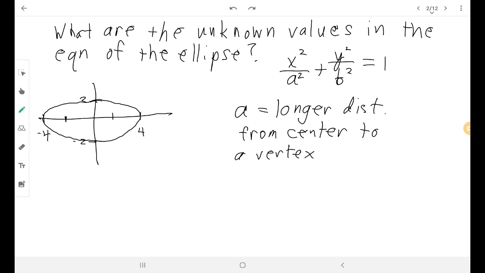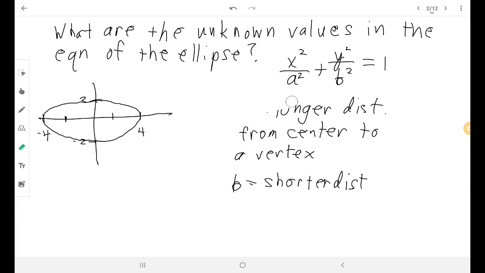Okay? b is the shorter distance, of the same idea, from the center to what's called a co-vertex. That is the shorter vertex from the center still. So that's what a and b are.